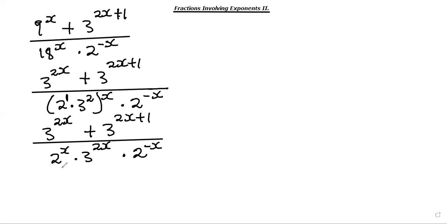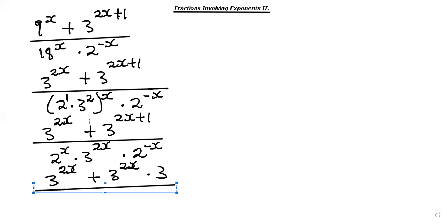So you'll have 3 to the 2x, and then you say plus 3 to the 2x times 3. Then you go to your denominator. So in your denominator, you can say it's 3 to the 2x times 2 to the 0. You can say that. Or you can say times 1.